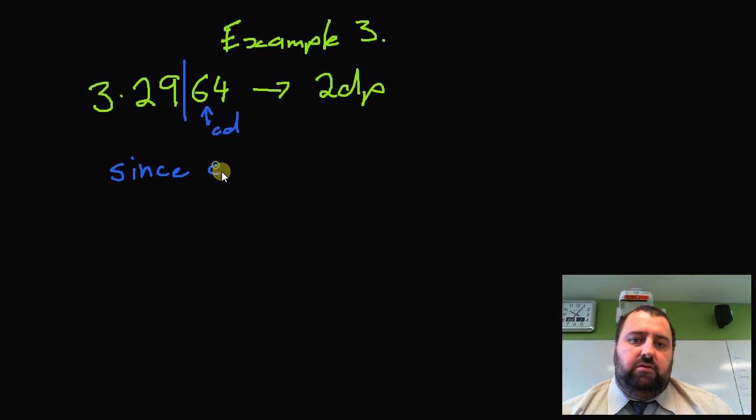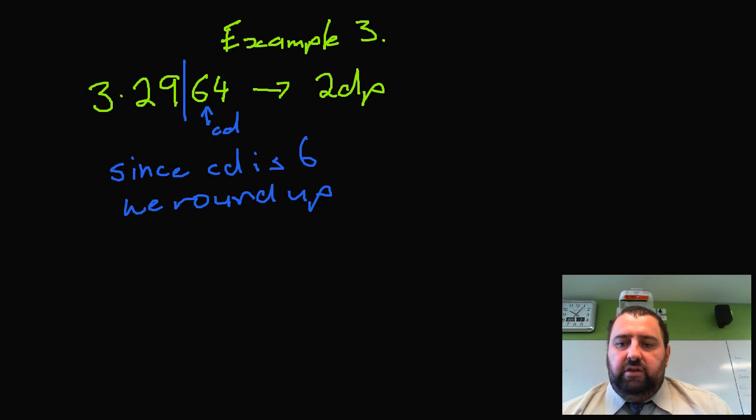Now since critical digit is 6, we round up. So the thing to note here before I start writing the number is that this number here is a 9. So when it goes up, it essentially becomes 10. So what I'm going to have to do is make this into a 3, and this will become 0.